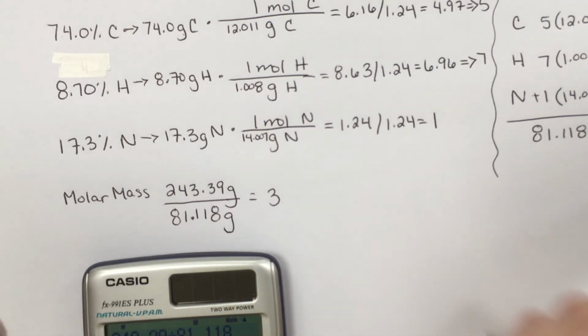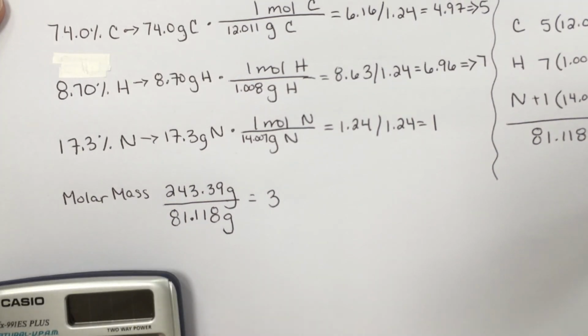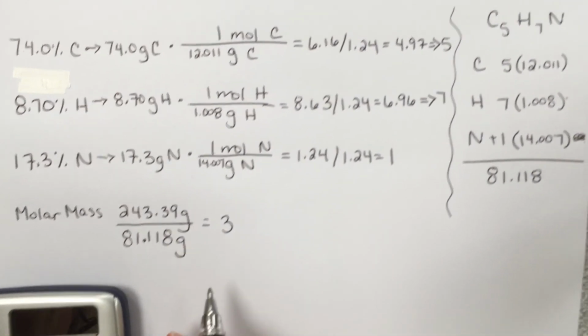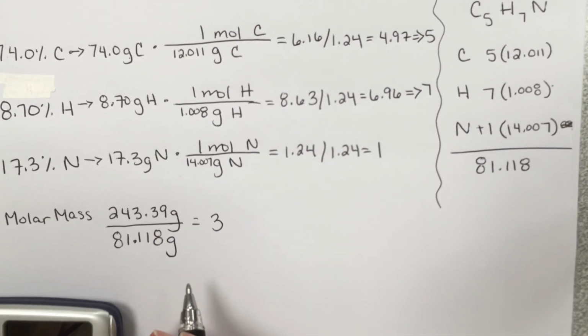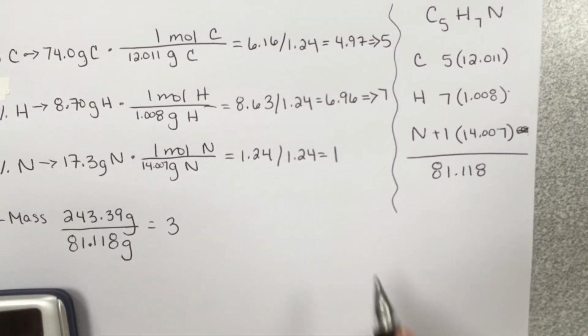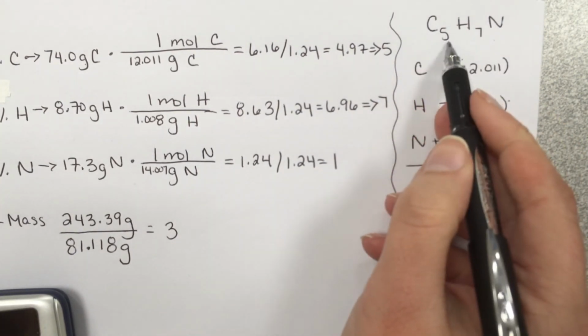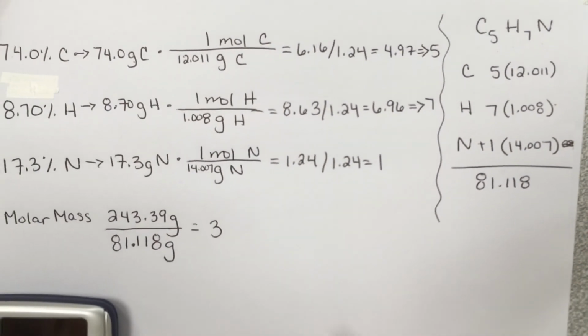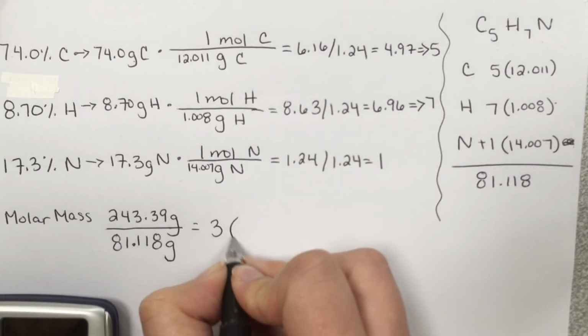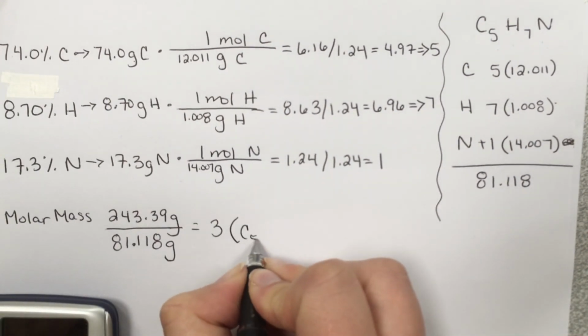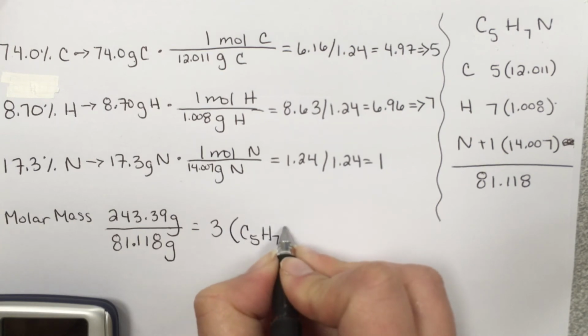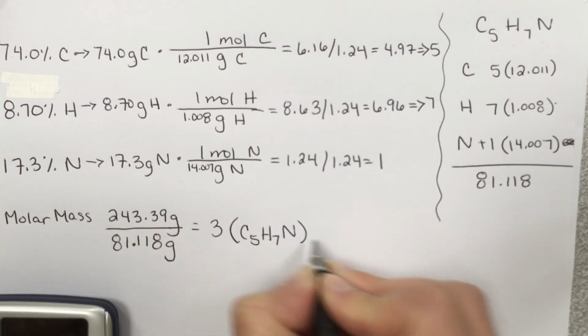3. So what we do with this number is we're determining the molecular formula. We've got C5H7N. We're going to multiply every single one of those by 3. So 3 times C5H7N, okay?